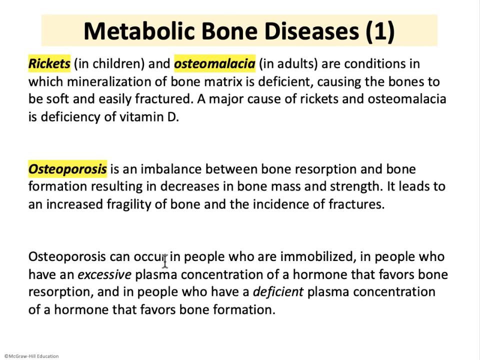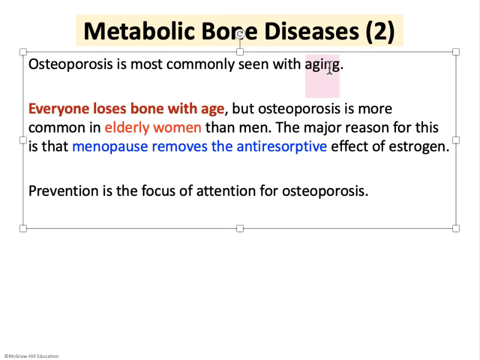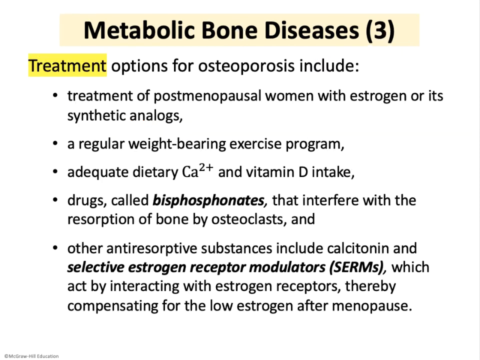The bottom of the slide goes on to show us that this can also take place in people that are immobilized because of some medical conditions. The relationship between aging and the sex of the individual are illustrated on this slide. So women tend to suffer more than men do because of menopause.